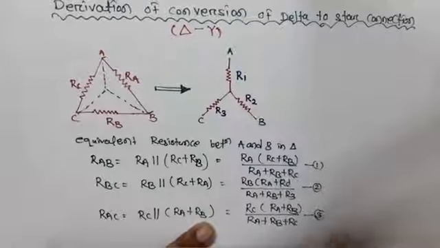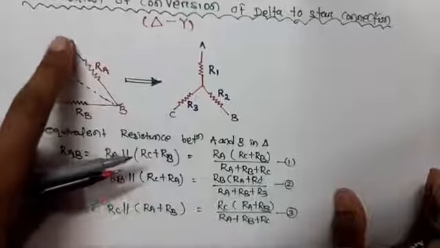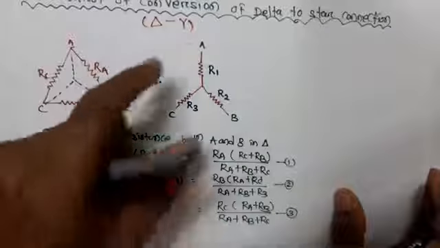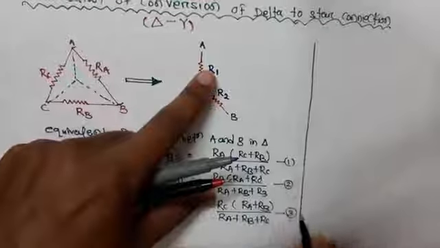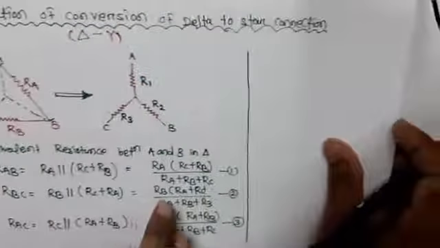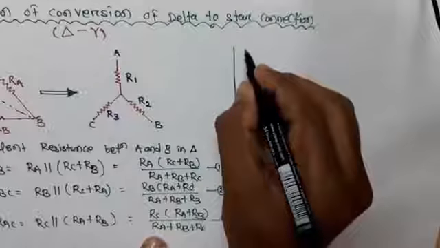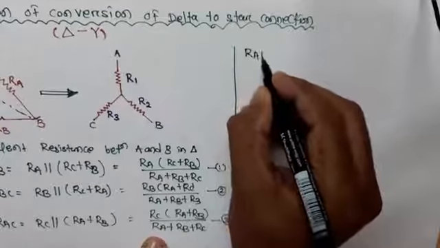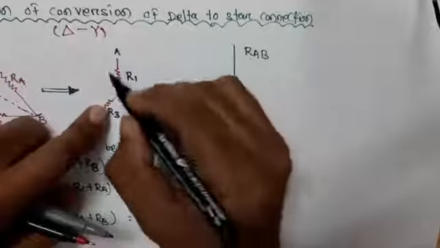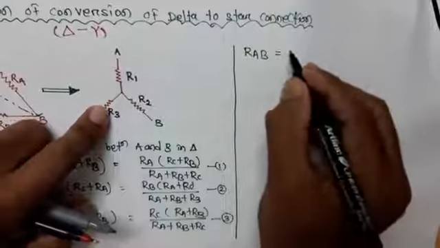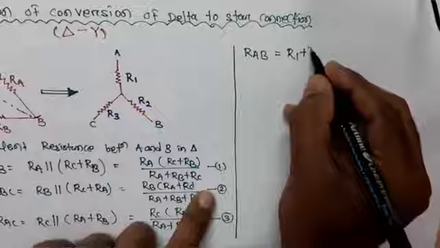This is the third equation. Similarly in the star equivalent, same polarity, this is A and this is also A. Here we find the equivalent resistance across AB. This is eliminated because this is open circuit, this is only series. RAB equals R1 plus R2.